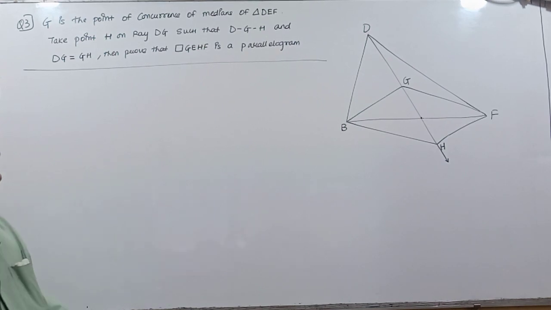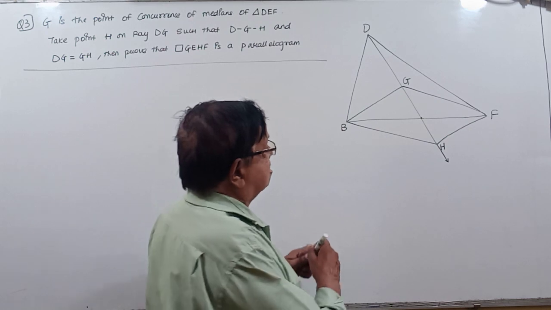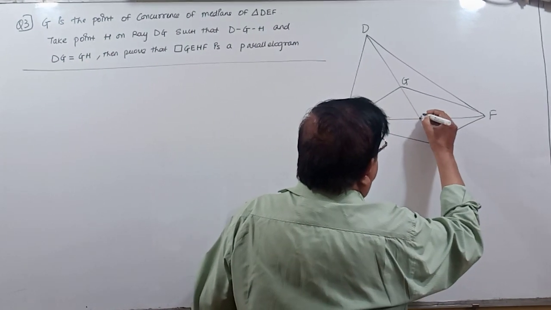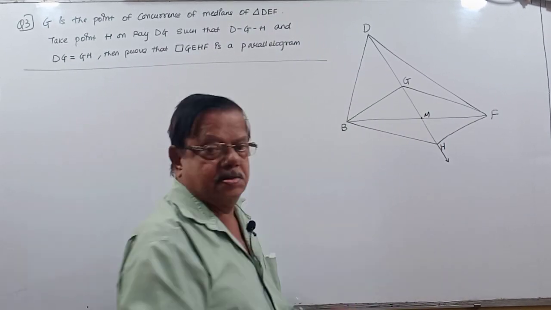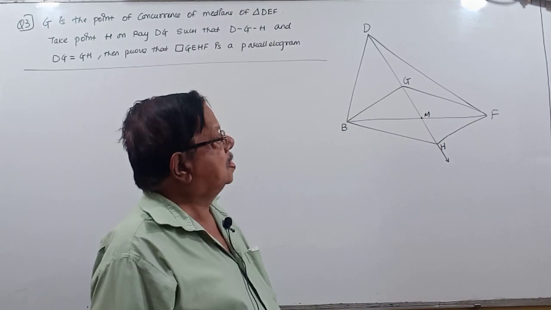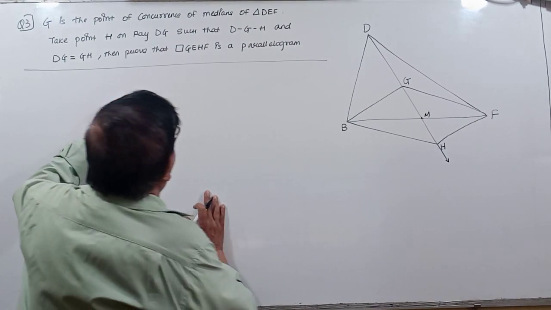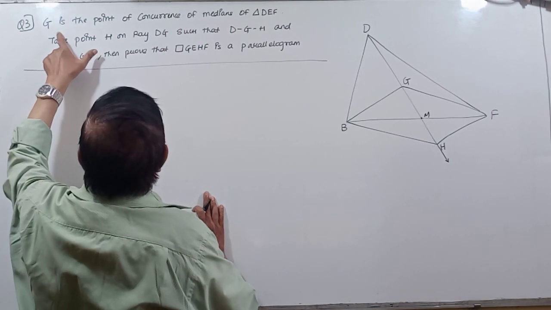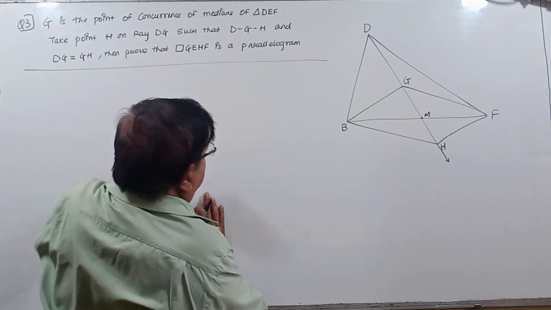Hello students. It's a little bit hard one. There is a point here. We'll give the name M here. Now they have given: G is the point of concurrence of the medians of a triangle.